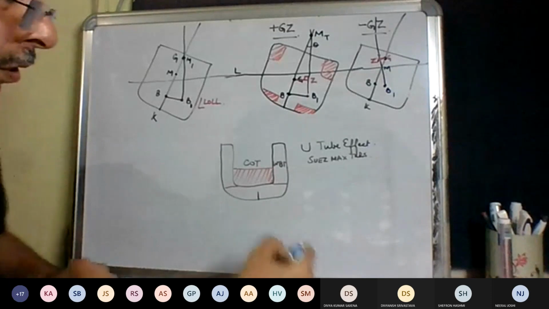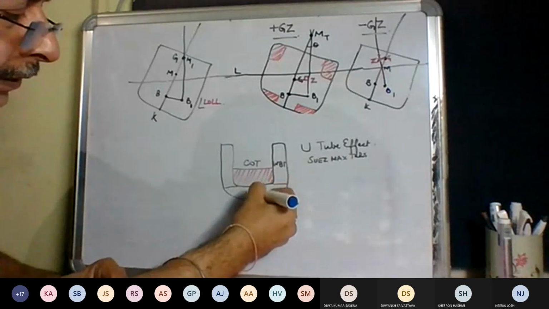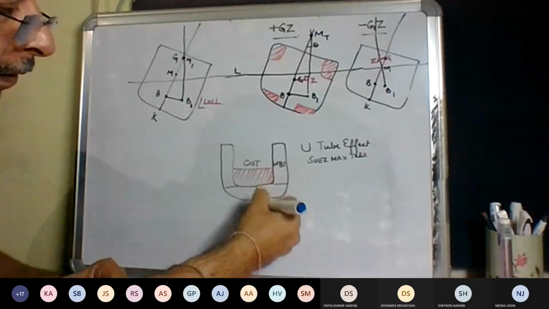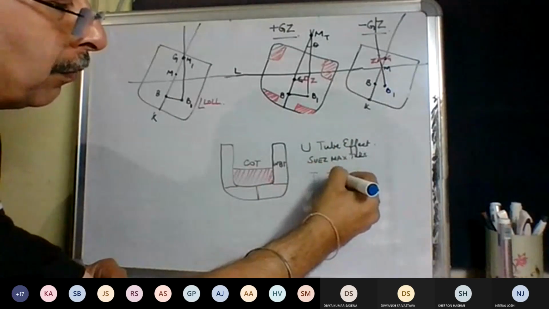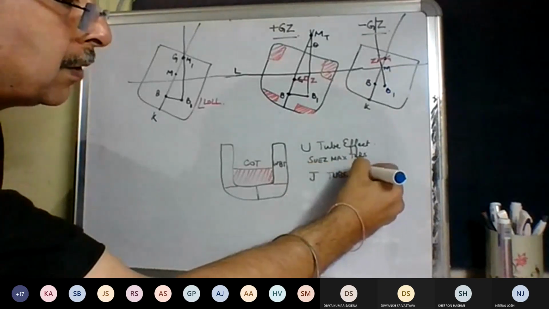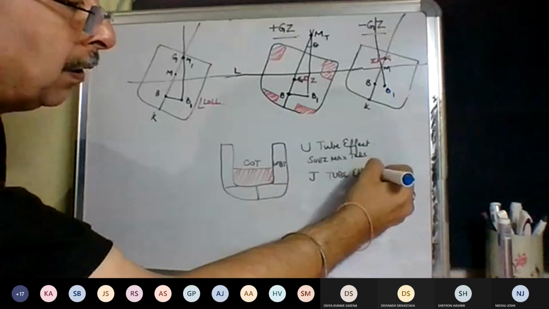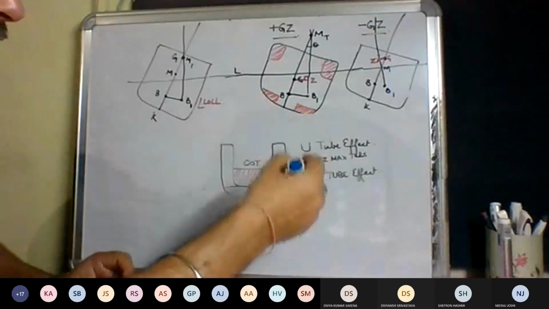So in the next dry dock, this was completed and joined like this. So the U-tube was converted into a J-tube. This was called the J-tube. And that is how this free surface effect was reduced.